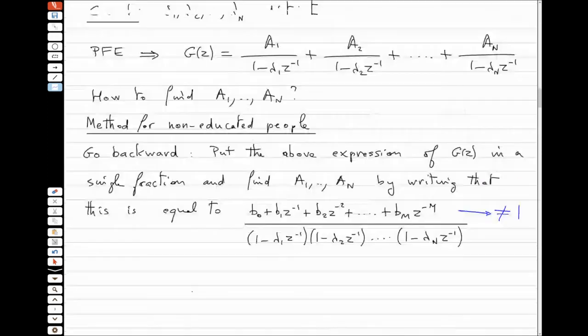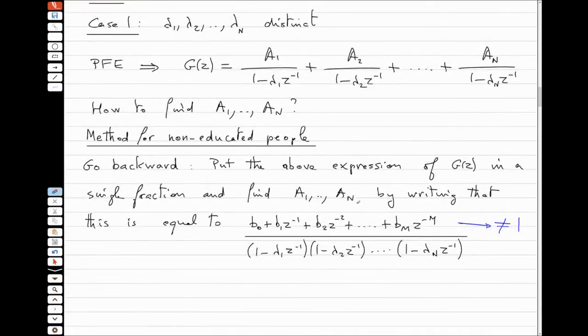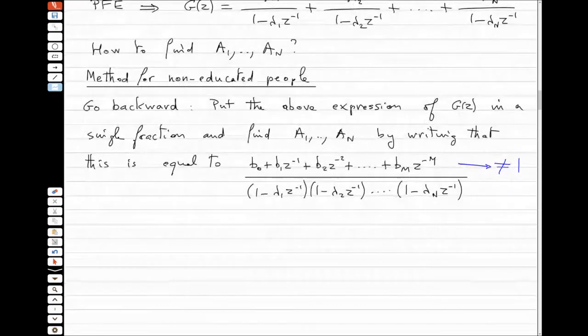In fact, you'll end up with m equations, or actually n equations, because you can always say this is a polynomial that goes all the way to n with 0 coefficients.